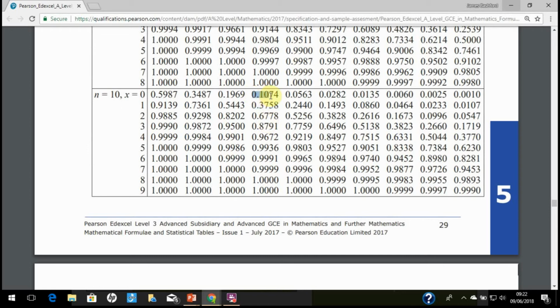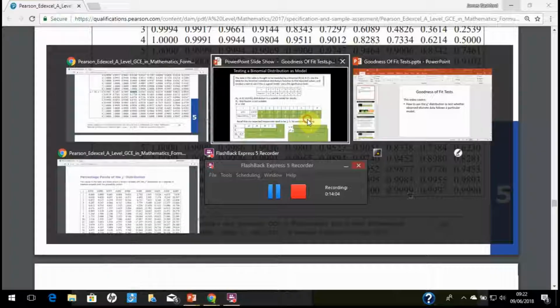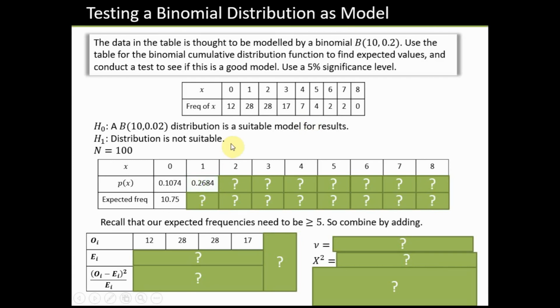If we subtract the probability that x is less than or equal to 0, we're just left with the probability that x equals 1. So you do a subtraction there, and you will find it comes out to be 0.2684. And again, times that by 100 to get the expected value. And you can just keep doing that to get all of these probabilities and then expected values.